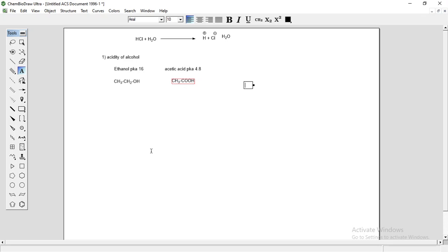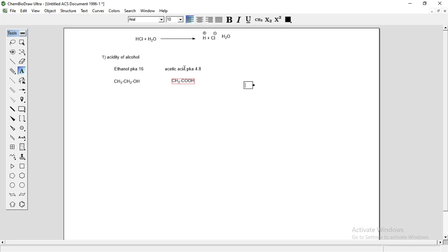Ethanol is a weaker acid as compared with acetic acid having pKa 4.8, because resonance stabilization is not available in alkoxide. When ethanol loses its proton, the stabilization of this A minus, the alkoxide, is not there.